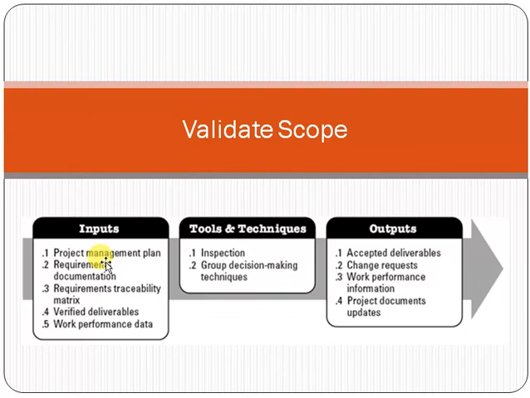The tools and techniques you use are inspection and group decision-making techniques. After applying the tools and techniques to these inputs, the outputs are accepted deliverables, change requests, work performance information, and project documents updates.